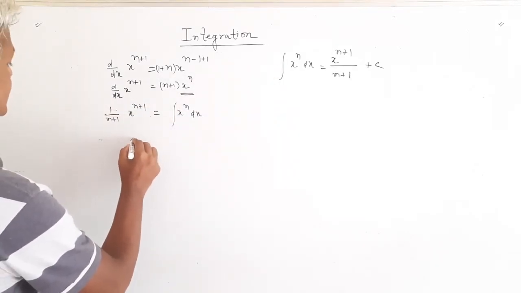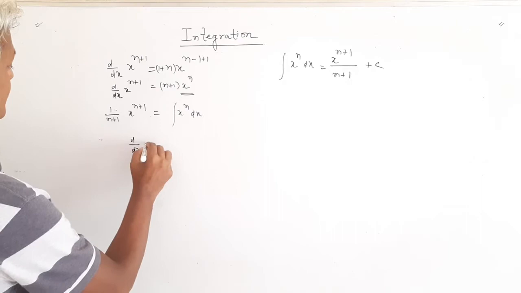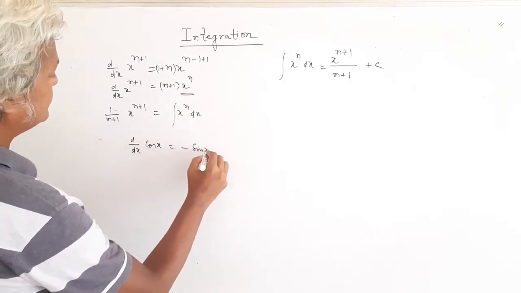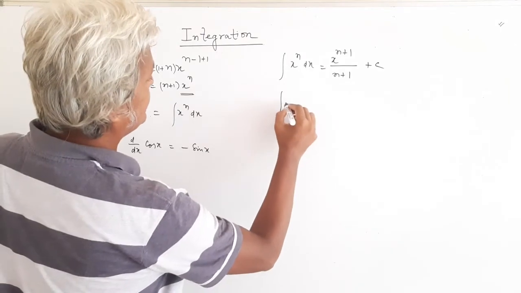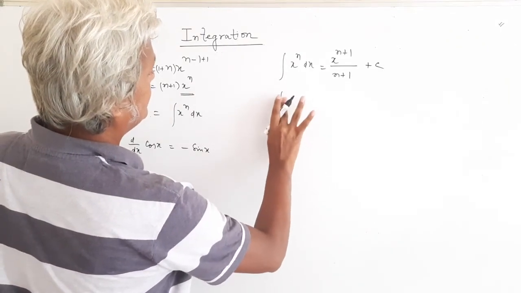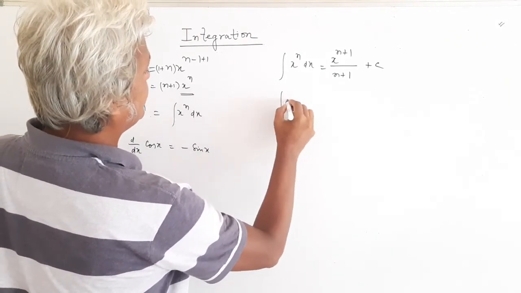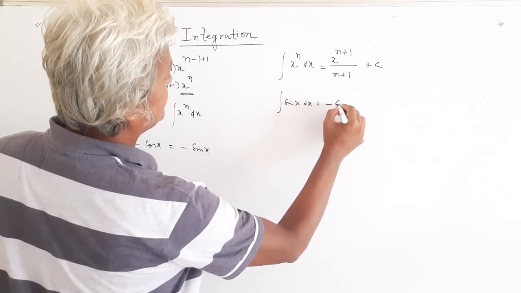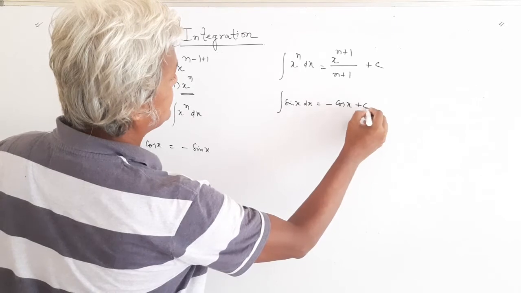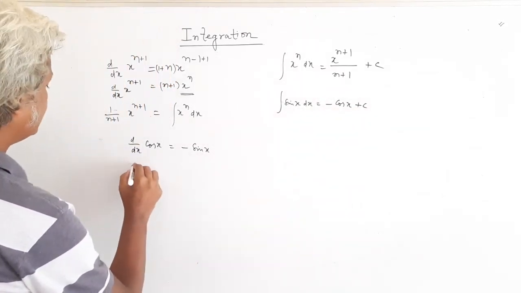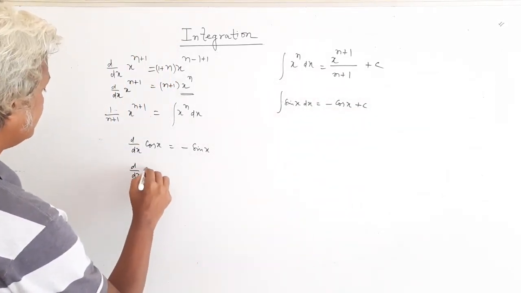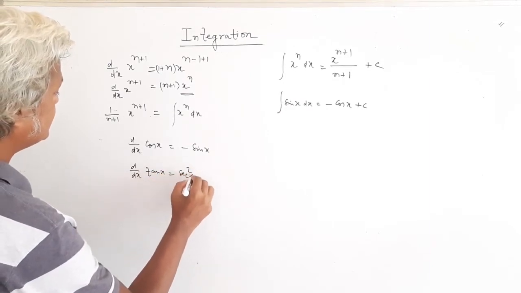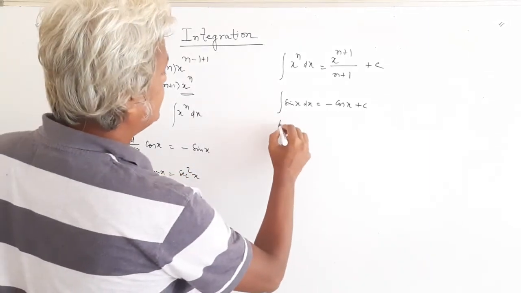Now differentiation of cos x is minus sin x. So we will not write minus here; we write the integration of sin x dx is minus cos x plus c. Differentiation of tan x is sec square x.